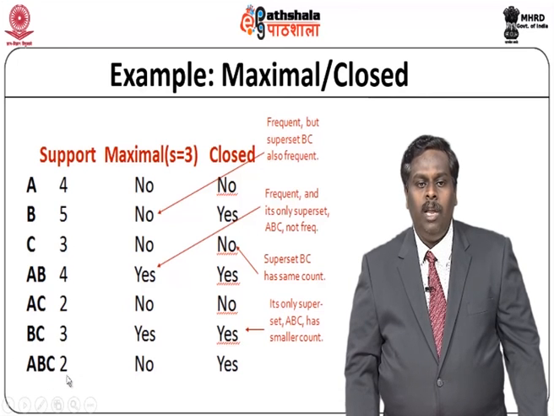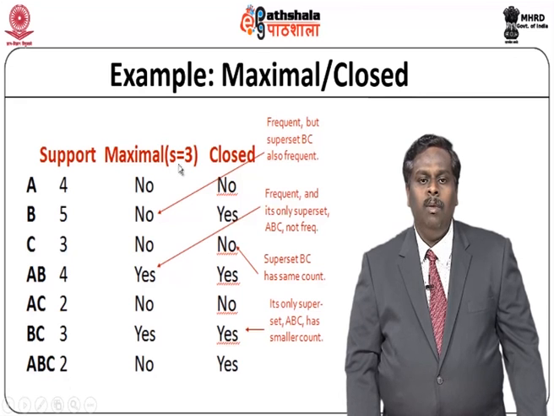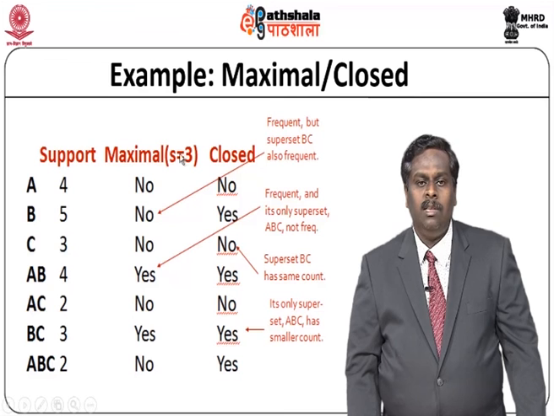The support count for ABC is 2, but as per this problem, the minimum support count for identifying an item to be frequent is equal to 3. So, the immediate superset of AB, that is ABC, has a support count 2, which is less than the support threshold. In other words, this is not frequent. Therefore, the 2 item set AB can be considered as a maximal item set.